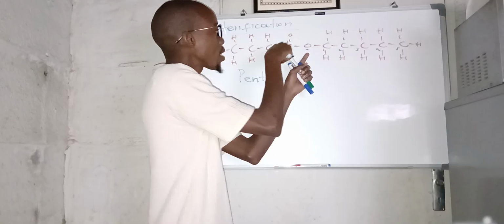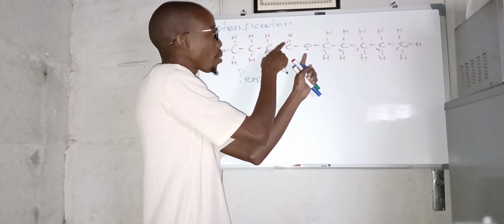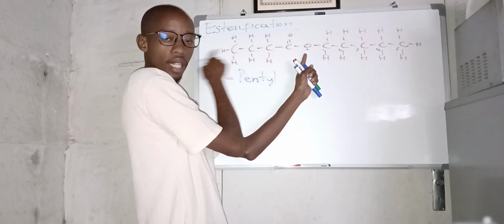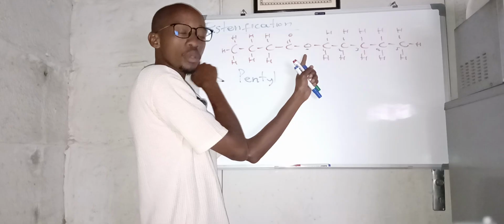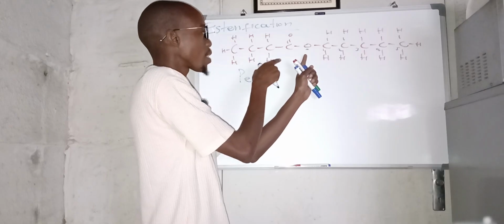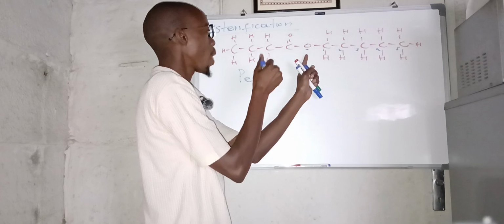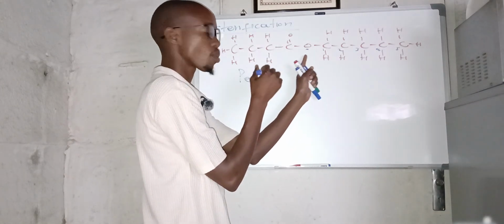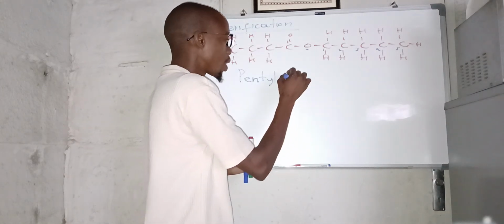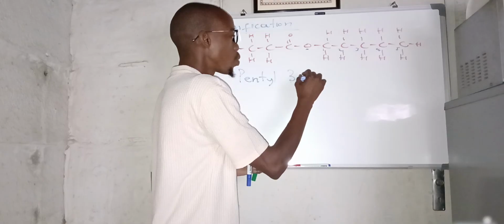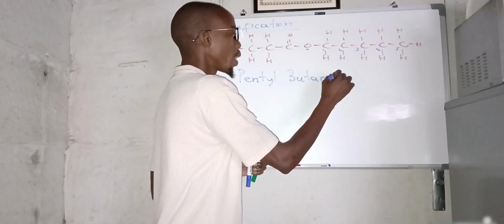We come here, and we see there is C double bond O, meaning this is the part that is going to take the suffix of an ester. Including this carbon, we say 1, 2, 3, 4. So it's 4 carbons, meaning it's going to have a prefix of but. Butanoate.